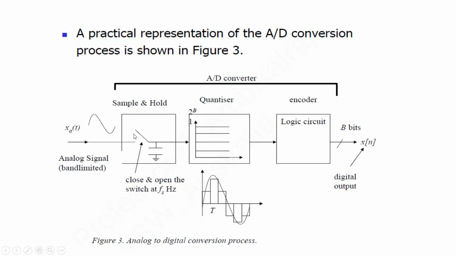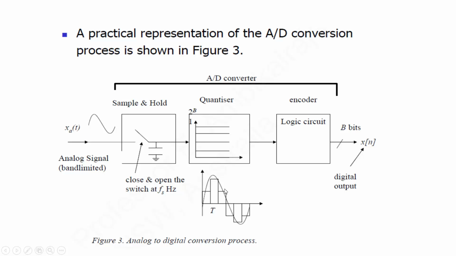So basically, this switch is acting as the sampling part: the closing of this switch is taking the samples, and the opening of this switch is actually holding the voltage. And this opening and closing is done at the sampling frequency rate, which we have denoted as Fs, right? We will see the process again in the diagrams.